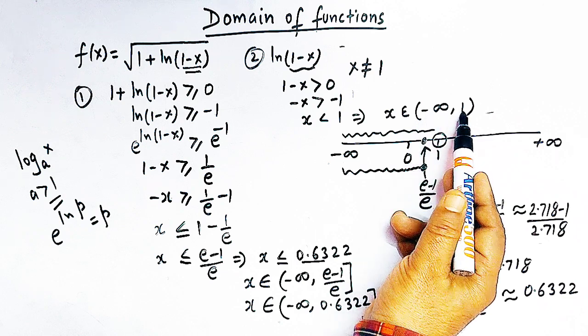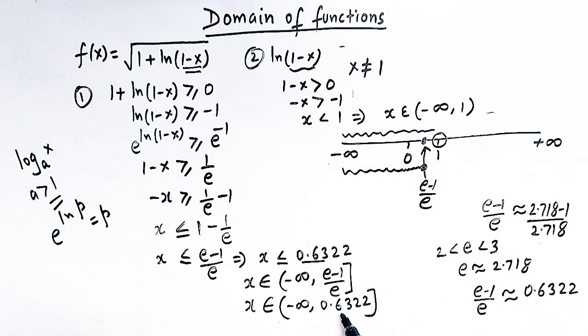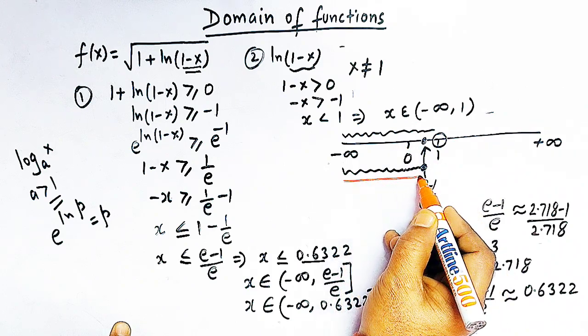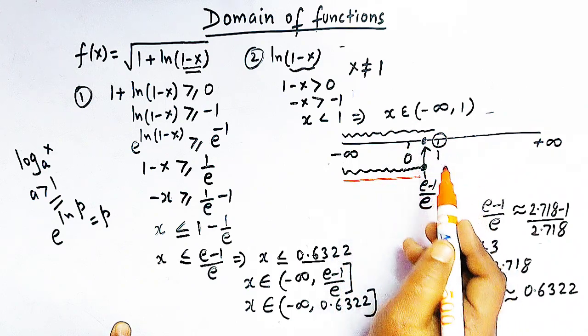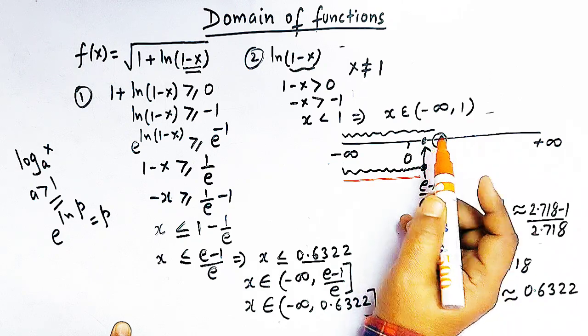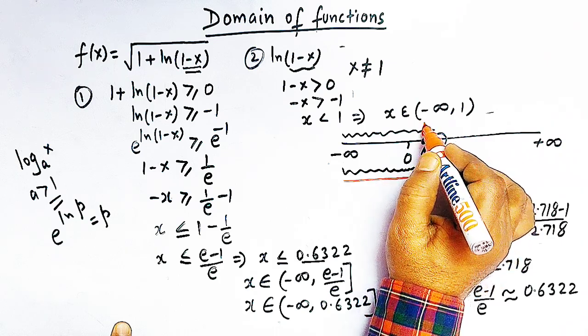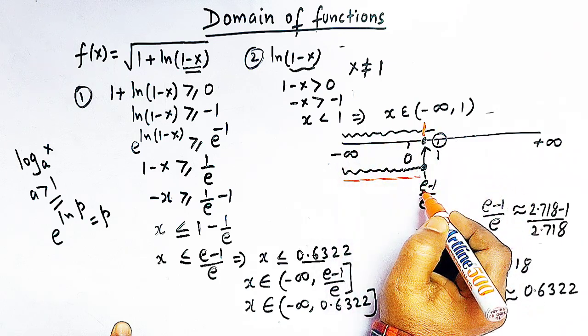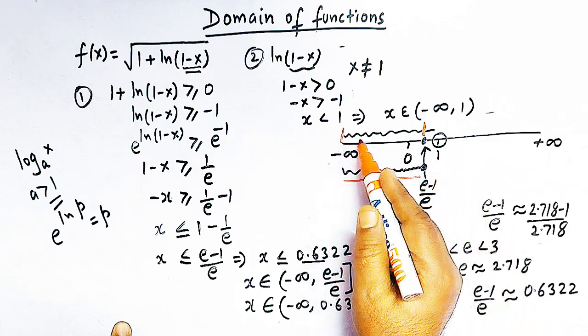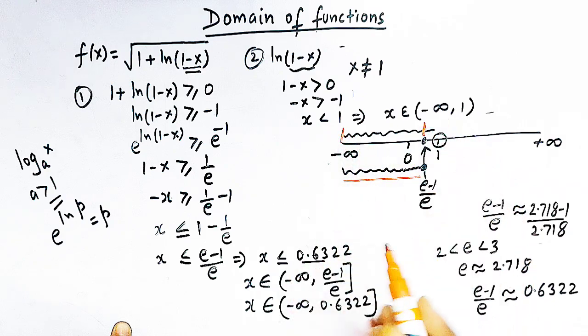From the real number line, we can easily see that we cannot take the region from 1 minus 1 over e to 1, so only this part. From minus infinity to 1 minus 1 over e is the common region.